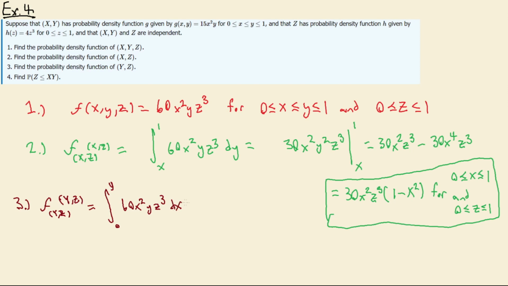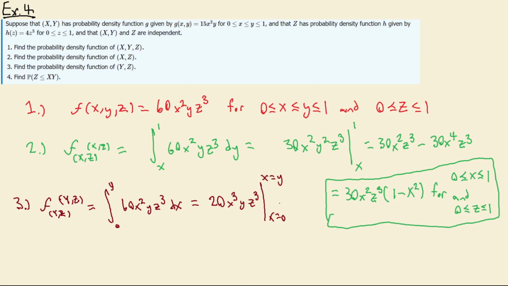And we're integrating with respect to x. And so what is this going to give us? It'll be 60 x cubed over 3 times y z cubed. 60 over 3 is just 20. So this is going to be 20 x to the third y z cubed, evaluated from x equal to 0 to x equal to y.